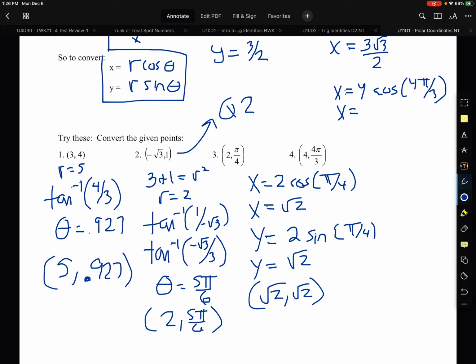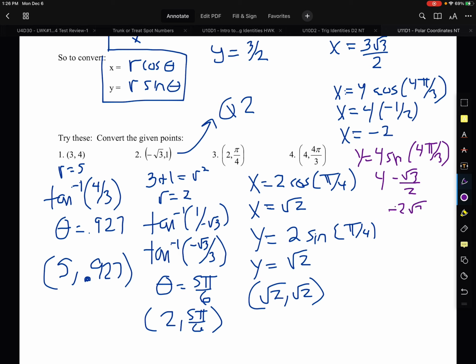So cos of 4 pi over 3 is negative a half. 4 times negative a half, x is negative 2. And then y equals 4 sine 4 pi over 3. So I got 4 times sine of 4 pi over 3, negative rad 3 over 2, to get negative 2 rad 3. So our coordinate is negative 2, comma, negative 2 rad 3.